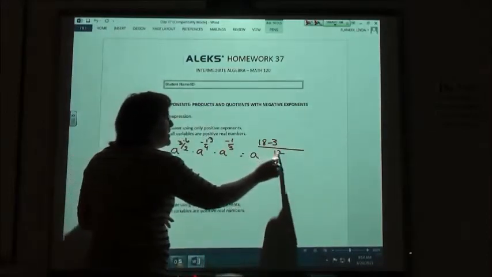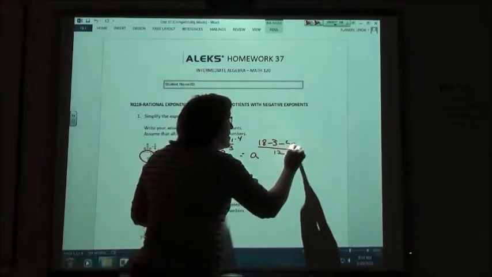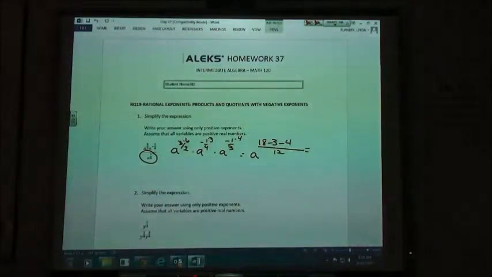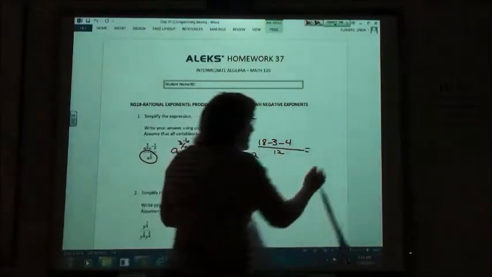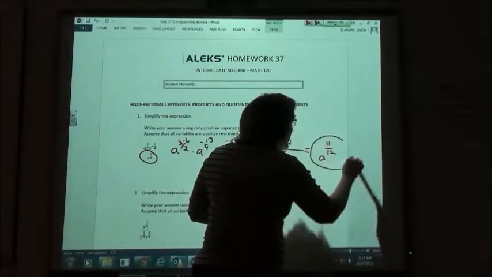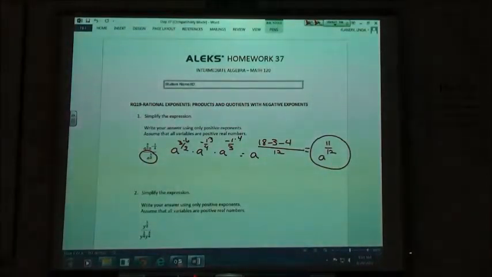And then 3 goes into 12 4 times. 4 times minus 1 would be minus 4. So I'm going to do 18 minus 3 minus 4, which would give me 11. So I get a to the 11/12 power.